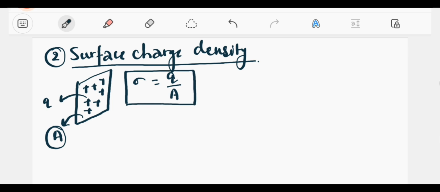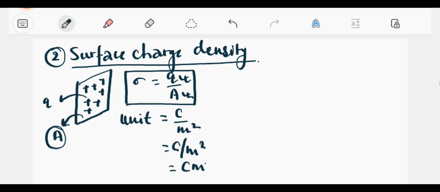Clear with this? The unit of surface charge density: the unit of charge is again coulomb, the unit of area is meter square. So it is coulomb per meter square, or we can also write it as coulomb meter to the power minus 2.